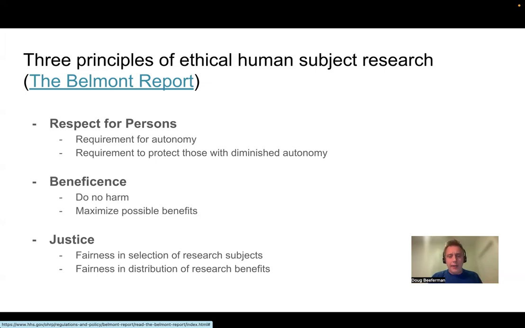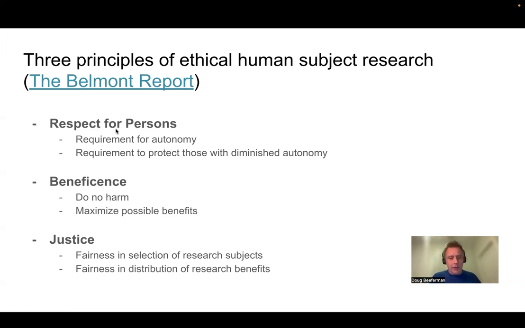The Belmont report outlined three principles of human subject research that it named: respect for persons, beneficence, and justice. I'll go over these in turn. Respect for persons is really about respect for autonomy or personness. It was probably the most serious violation from the Tuskegee study.